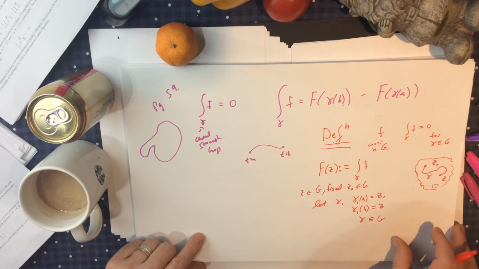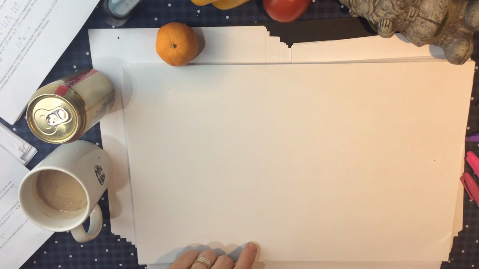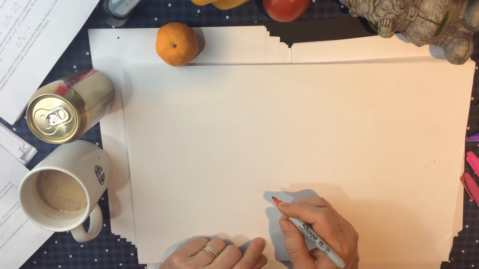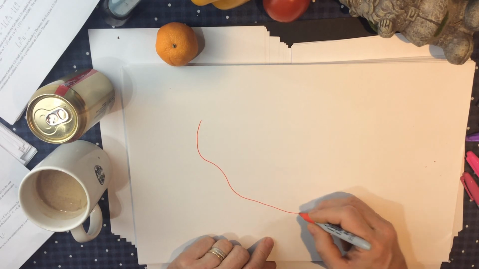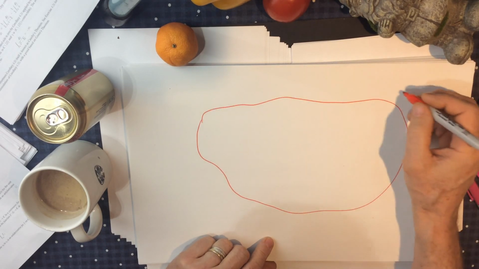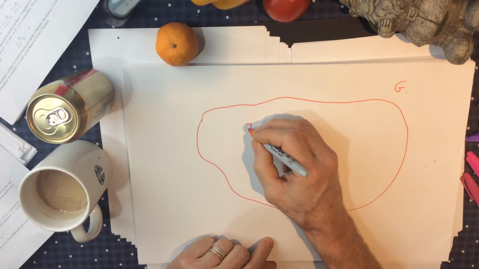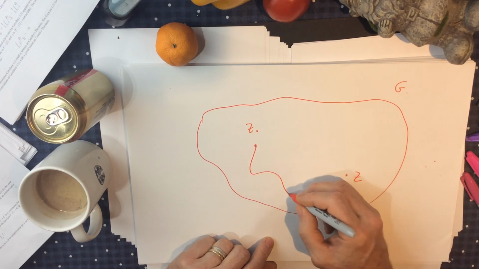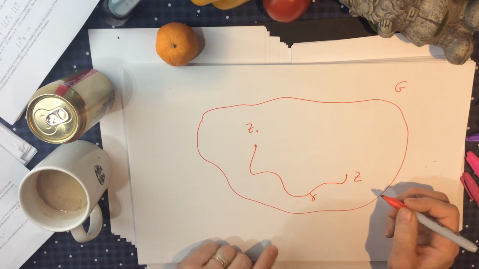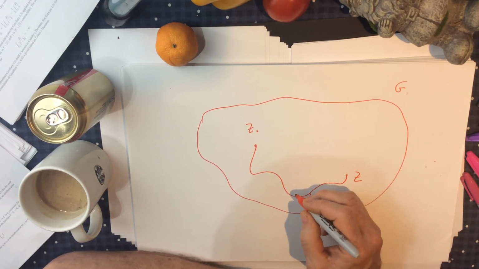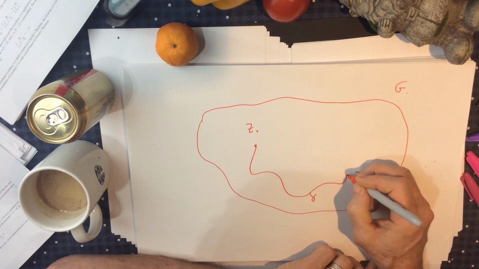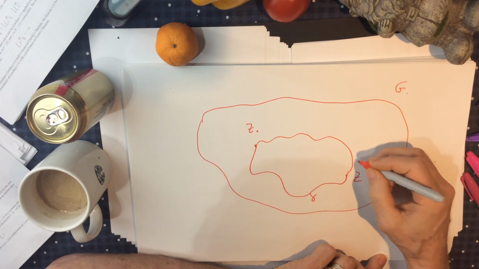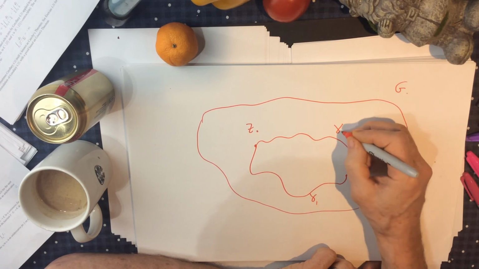Now, this seems like a fairly simplistic definition, so let's look at some immediate consequences of it. Here's G, here's z naught, here's z, and here's any old gamma. Why don't we take another gamma? We'll call these gamma 1 and gamma 2.